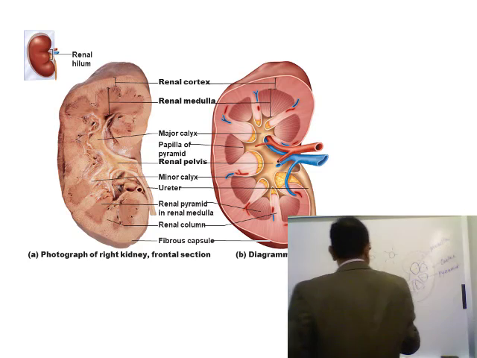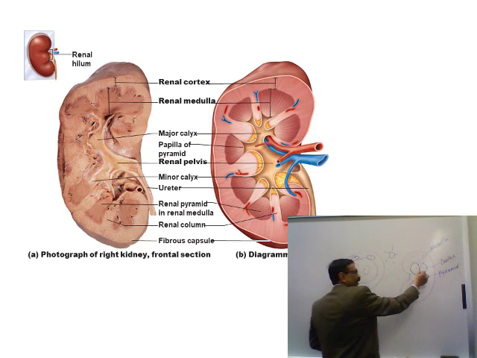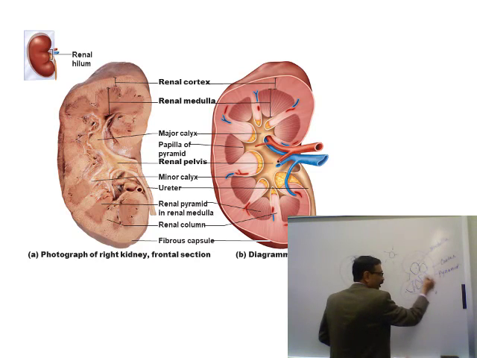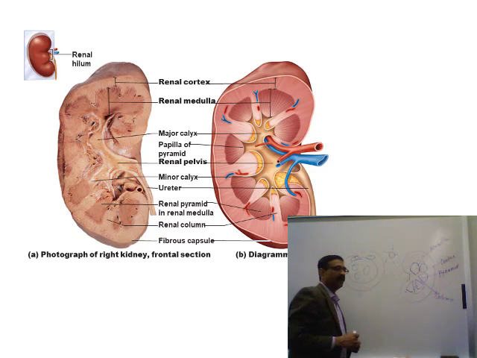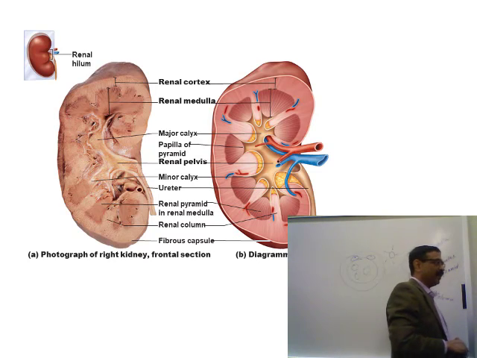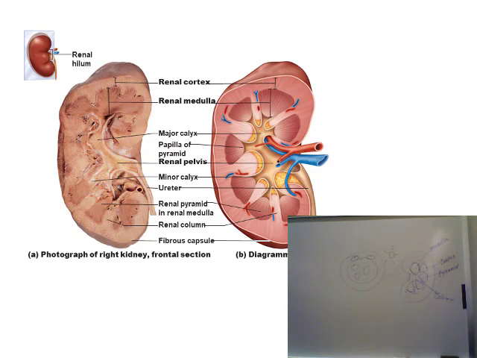And in between the pyramids, these areas are called columns. Renal columns. So here you see renal column and pyramids.